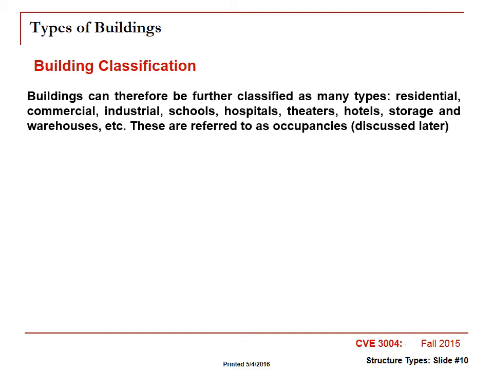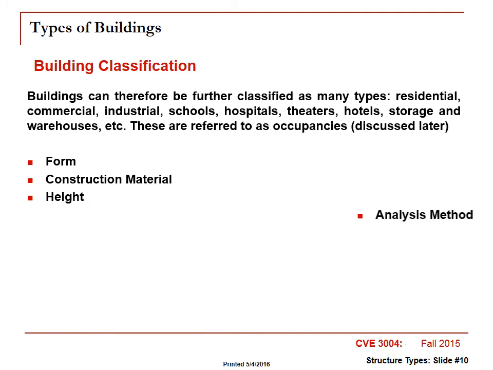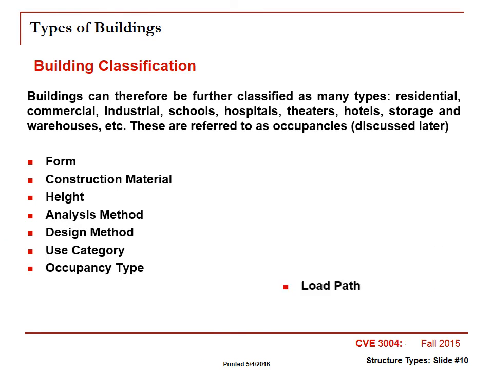When you talk about buildings, you can classify them by their types, whether that's residential, commercial, industrial, institutional, and so on. But you can really start looking at them in terms of attributes like form, the materials they're made of, height, analysis method, occupancy category, and so on.